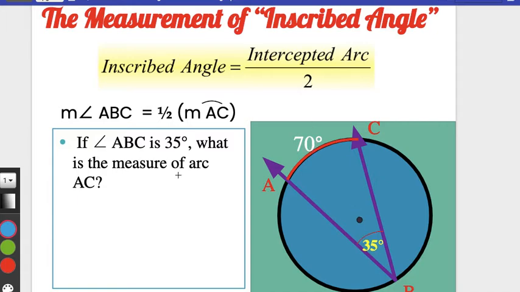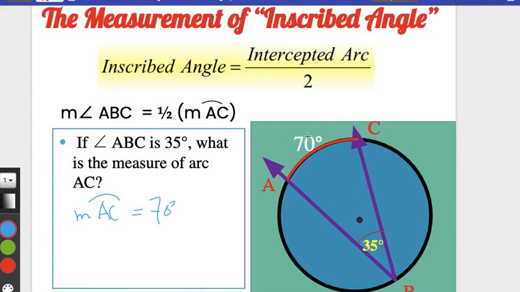For example, check this question. If I know angle ABC is 35 degrees, then this arc, where M stands for measurement, is going to be 70 degrees, because the angle is half, so the arc is double the size of the angle. Same thing here.